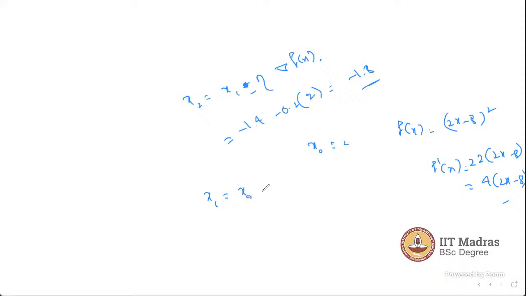Any doubts? x1 is x naught minus eta into f dash of x. What is the value of eta? It is mentioned as 0.05.